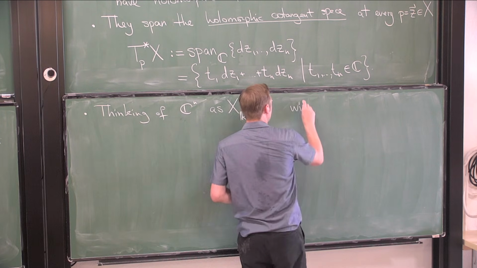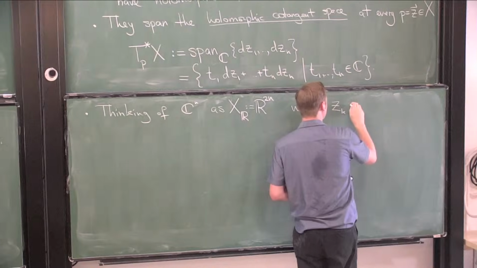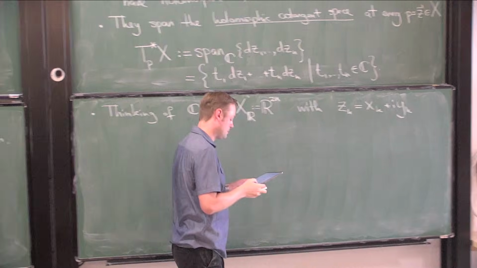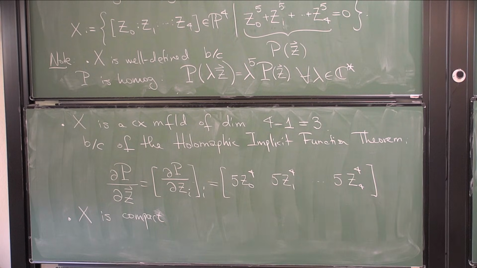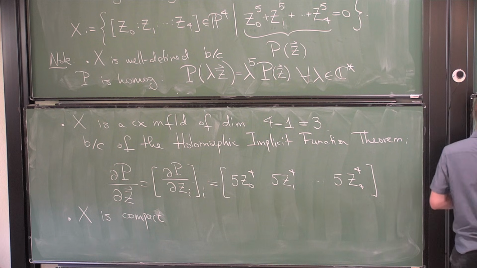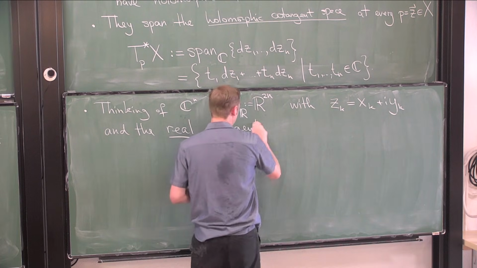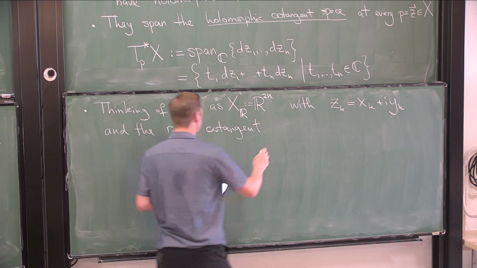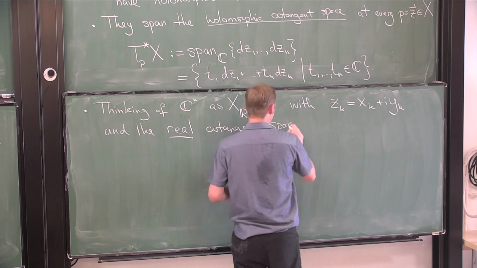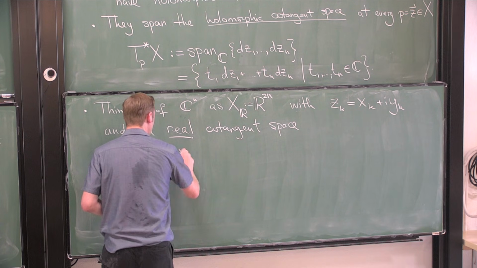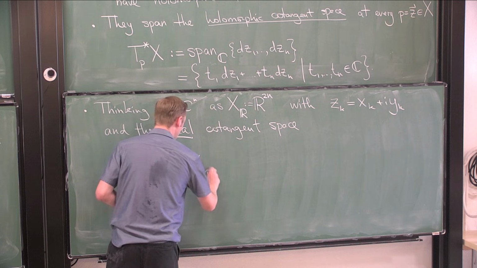And so the real coordinates, the relation is that the kth z coordinate decomposes in the standard fashion. And the real cotangent space that you're possibly more familiar with from your differential geometry course, which I will call T_p^*(X_R).